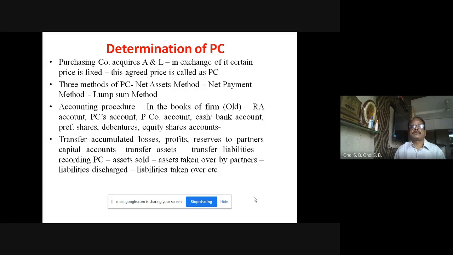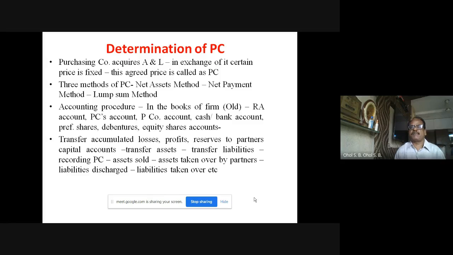Some things are very important in the realization account. If some assets are not taken over by the new company, then those assets are taken over by the partners. If any asset is taken over by a partner, at that time we make the entry: partners capital account debit to realization account.